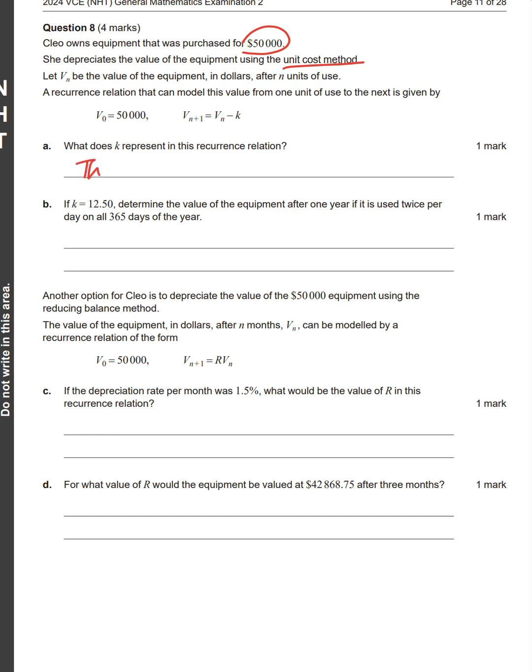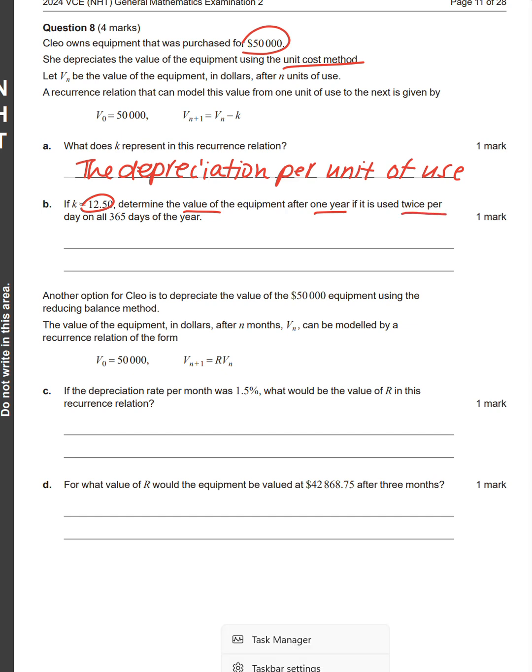So it represents the depreciation per unit of use. So if K is 12.5, determine the value of the equipment 1 year after it is used twice per day on all 365. So we can sort of set up a rule for this.